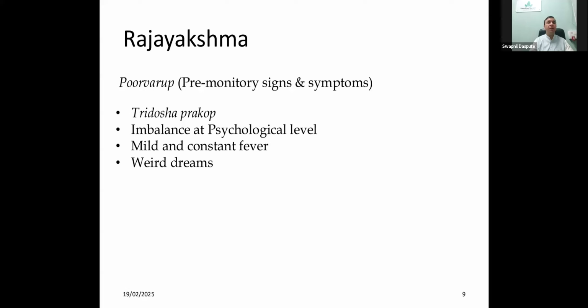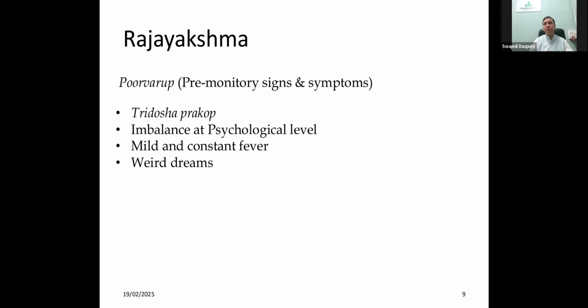Okay, so that will be inconsiderate behavior, and the patient will also start becoming aggressive. Aggression also will be seen because of the impatience. Mild and constant fever will be seen. Pitta prakopa is there, so mild and constant fever is there.